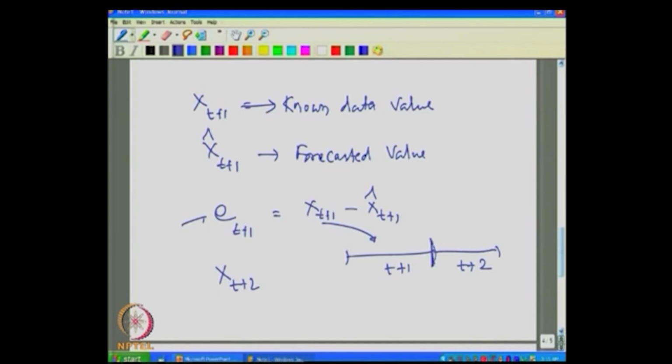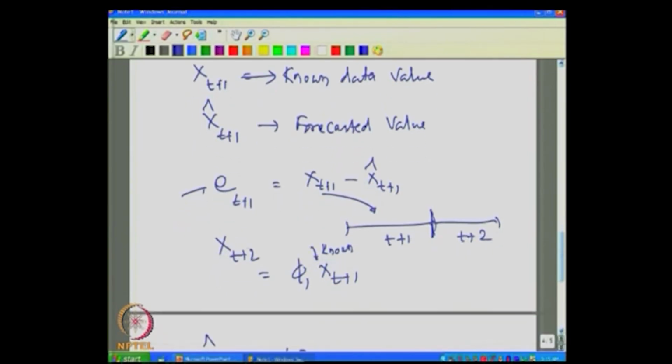The question that we are asking is, standing at this point, knowing the value up to this point, what is my forecast for the next time period. So, x t plus 2 I will write as phi 1 x t plus 1, the expected value of x t plus 1, which becomes x t plus 1 itself because this is known here, plus expected value of the error term, which is 0.